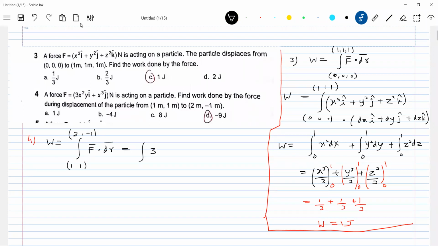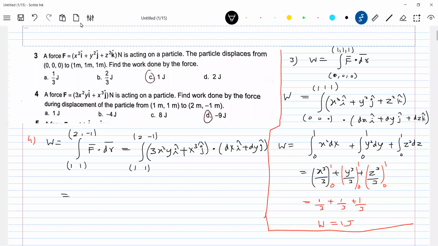So this will be 3x square y i cap dot dx i cap dy j cap. Then here what you are going to write: 3x square y is there.